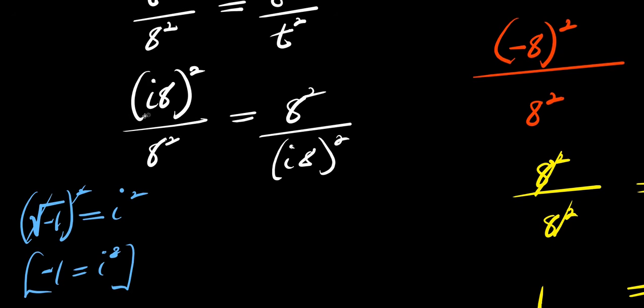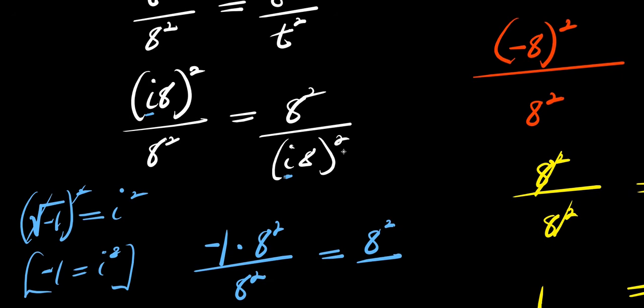So that means I power 2 is -1, right? So what you are going to have here is -1 times 8 power 2, because I to the power of 2 is -1. So you have 8 power 2 here divided by 8 power 2, and this equals 8 power 2 divided by I to the power of 2, that is -1, times 8 to the power of 2.